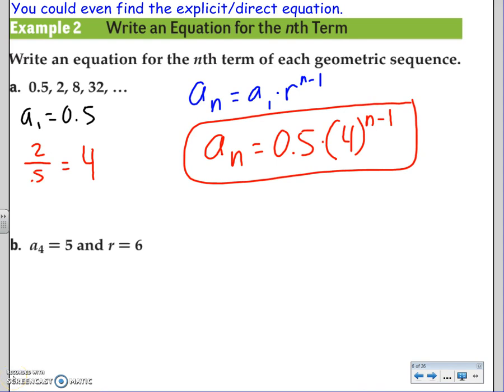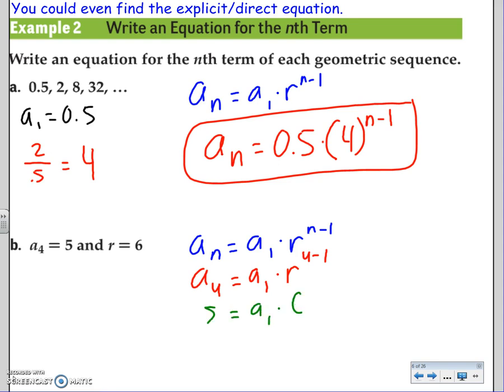Alright, we do the same thing here. We also work backwards, so let's try this. a sub n equals a sub 1 times r to the n minus 1. Well, we know a sub 4, so a sub 4 equals a sub 1, which I'd find, times r to the 4 minus 1. Then what we know, a sub 4 is 5. 5 equals a sub 1 times 6, 4 minus 1 is 3, 6 cubed.